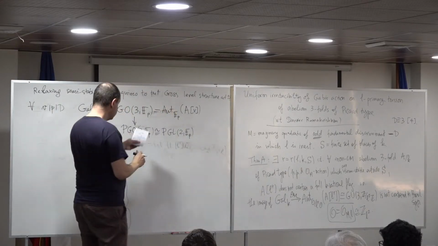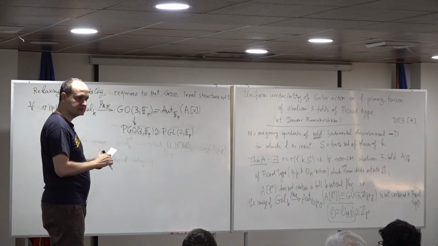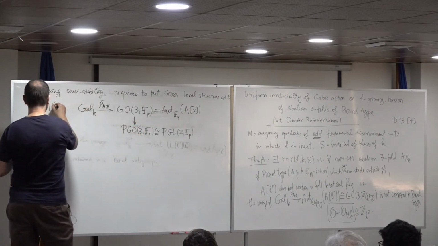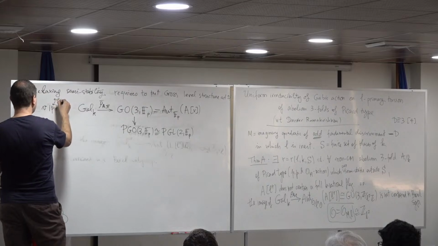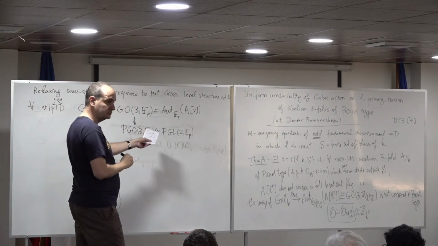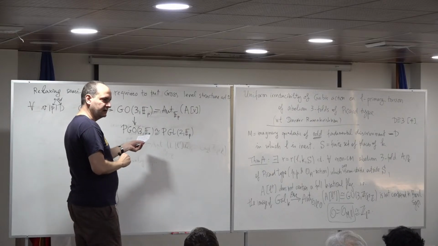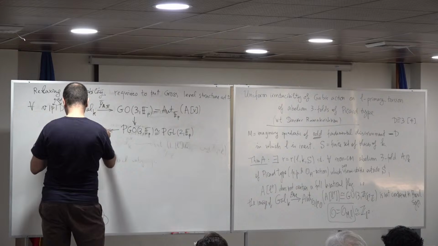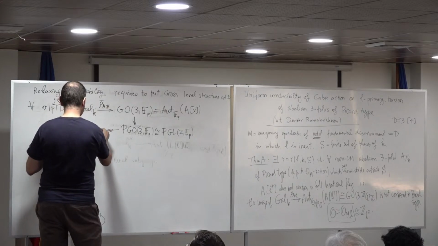And there is an exceptional isomorphism between PGO, which is the same as PSO, and PGL2. Once you're in PGL2, that's canonical, all this. p is an odd prime here, remember that I assume D to be odd, and this is one of the reasons. So once you're in PGL2, there is a unique index 2 distinguished subgroup, which is PSL2. So you can go to plus or minus 1 canonically again.